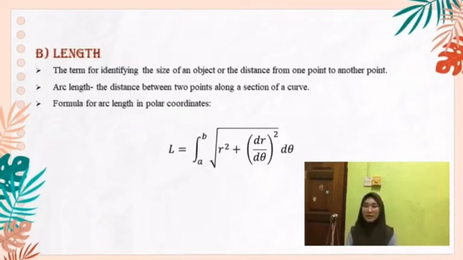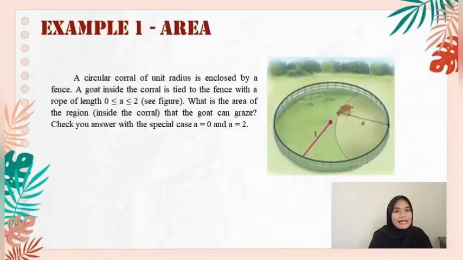Arc length is the distance between two points along a section of a curve. The formula of arc length in polar coordinates is integrate from a to b square root of r square plus the derivative of r with respect to theta, squared, d theta.